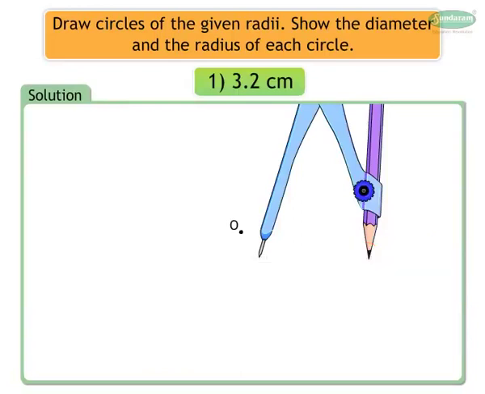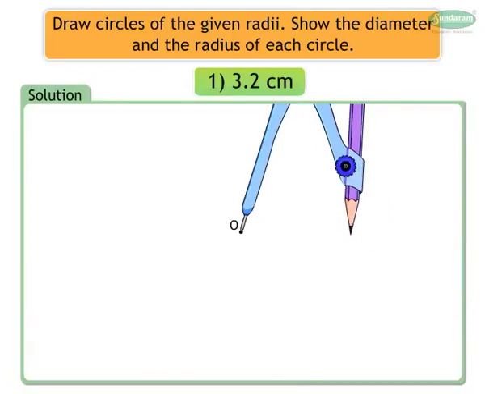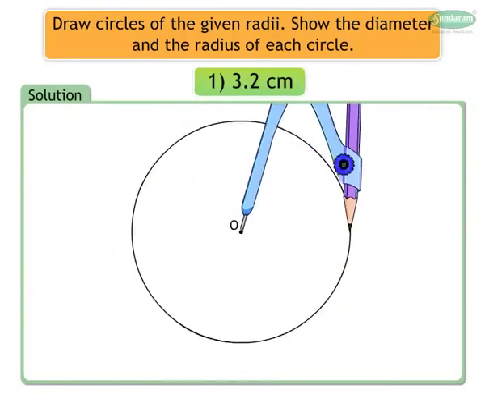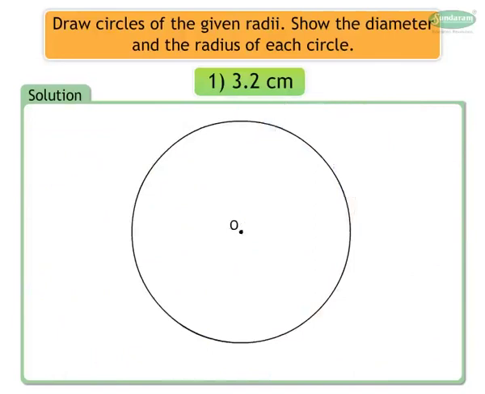Place the metal end of the compass on point O and draw a circle with the pencil around point O. This is the required circle of radius 3.2 centimeters and center O.